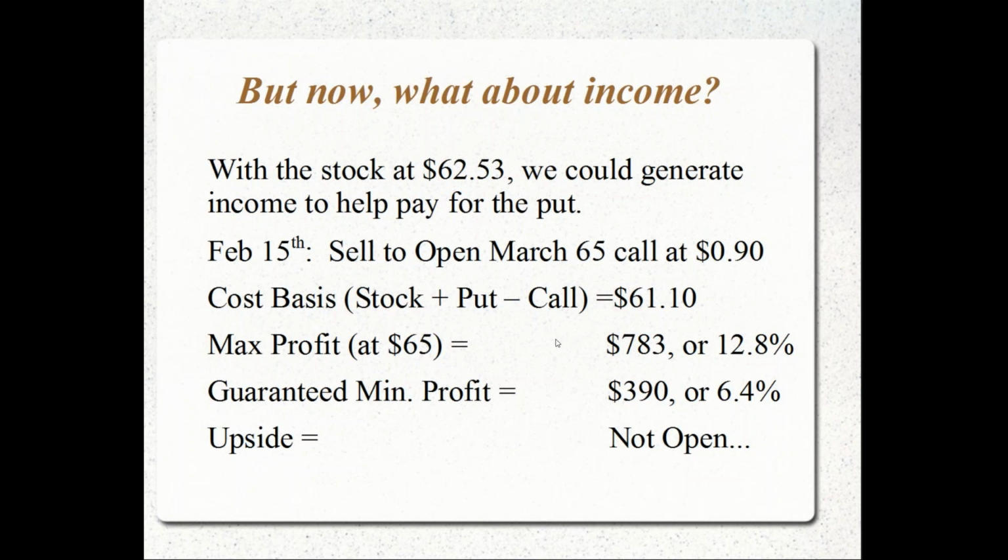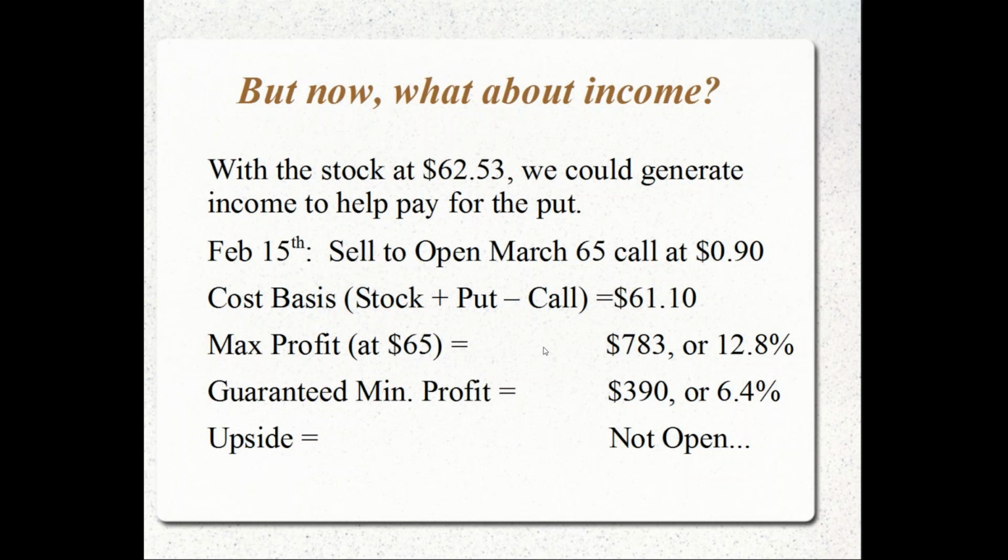Now, just like a covered call here, this would sort of cap my gain. I've got sort of a synthetic calendar going on. We'll look at the profit and loss chart in a minute, but my maximum profit is just the same as the covered call, even with purchasing the put. Max profit at $65 on March expiration would be about $783 or 12.8%.